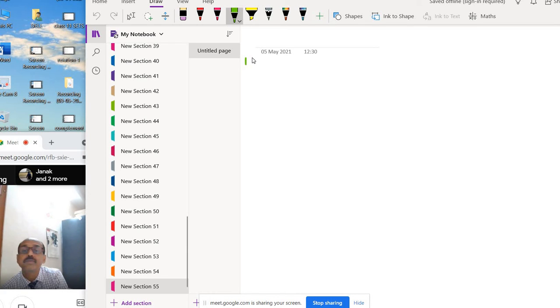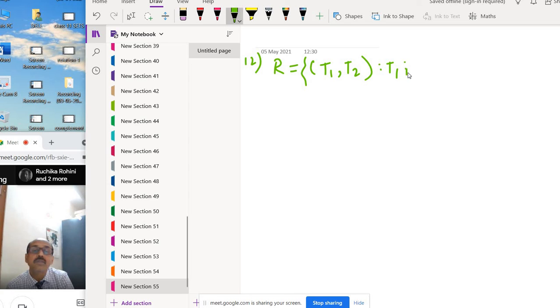Number 12. So the relation is R equal to {(T1, T2) such that T1 is similar to T2}.